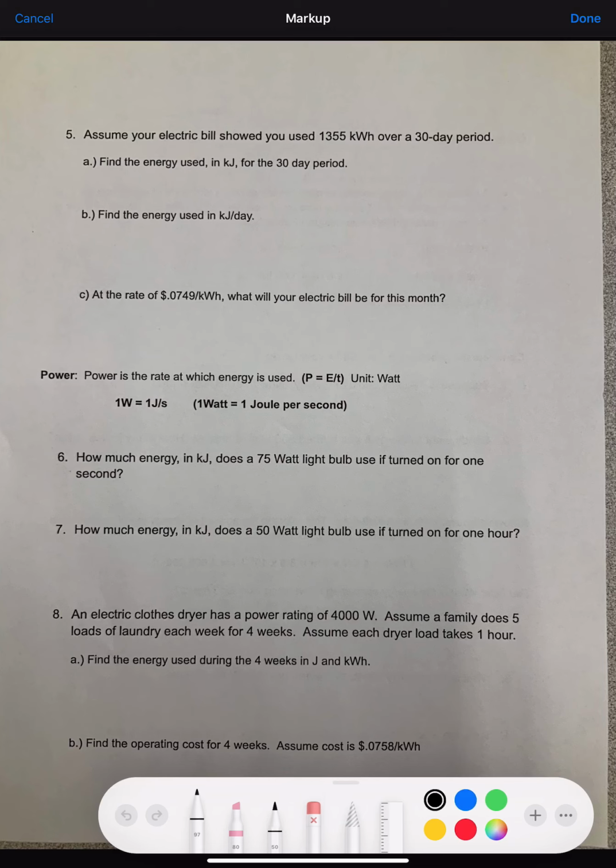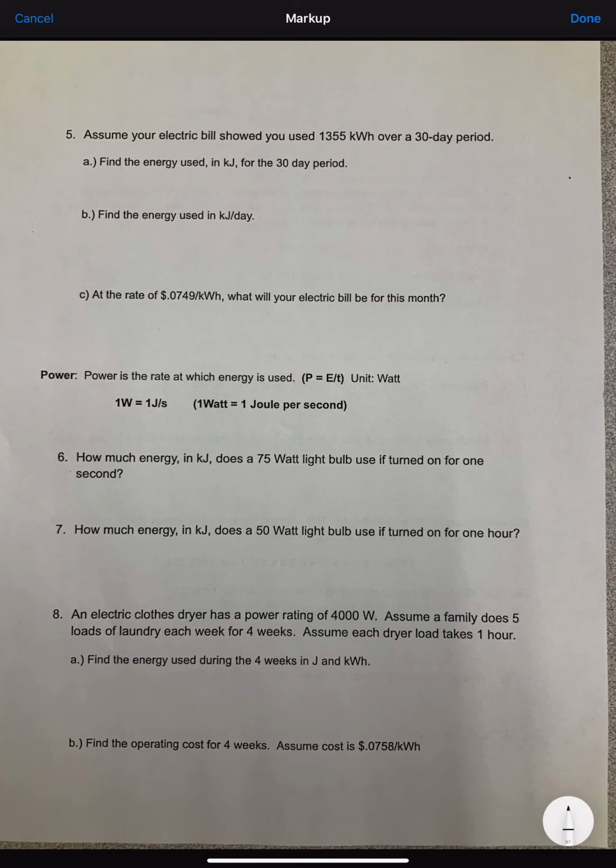All right, so now we're going to assume our electric bill showed that we use 1,355 kilowatt hours over a 30-day period. We need to find the energy used in kilojoules for the 30-day period. So I had 1,355 kilowatt hours, and I have to get it to kilojoules.